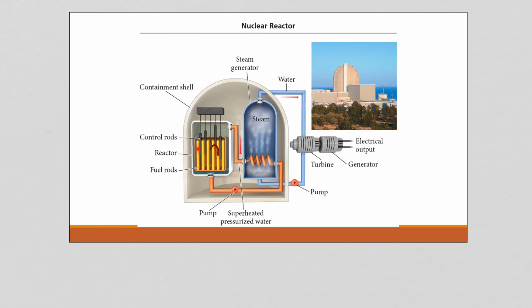These rods contain pellets of nuclear fuel, uranium being a really common one. It also contains what we call control rods. We'll talk a little bit about what these are used for, but control rods are used just to control the reaction. They're used to absorb neutrons, which eliminates the ability to get into a chain reaction or an uncontrolled chain reaction.